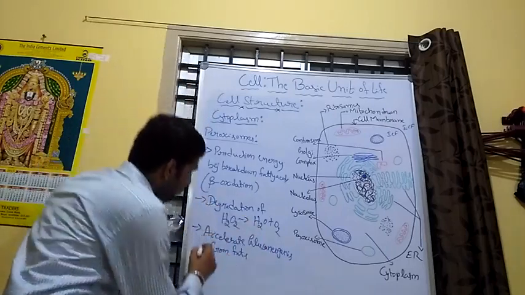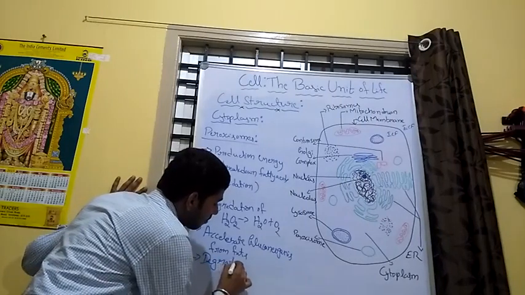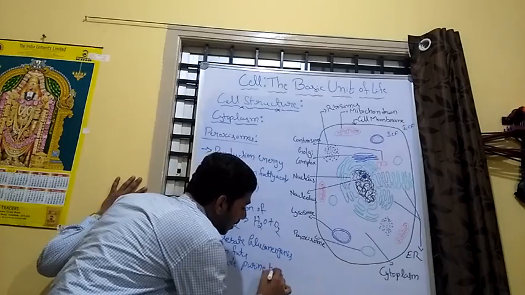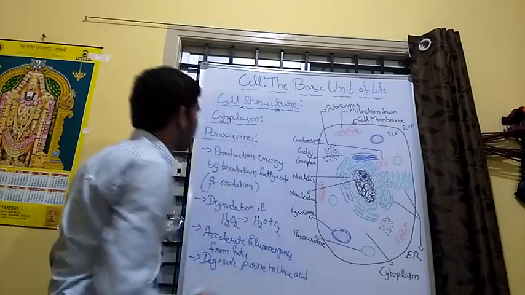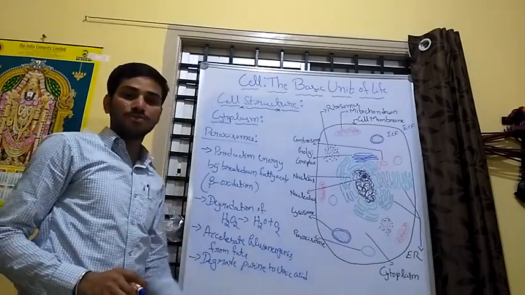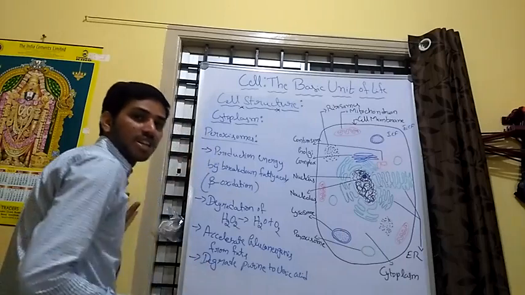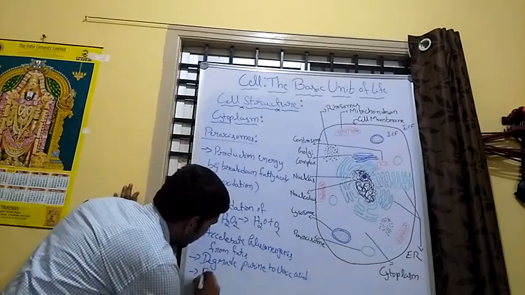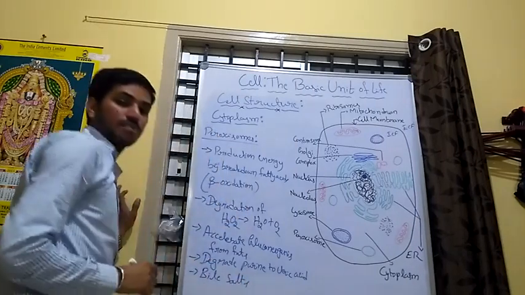They degrade purine into uric acid. They participate in the formation of bile salts, especially in the liver.